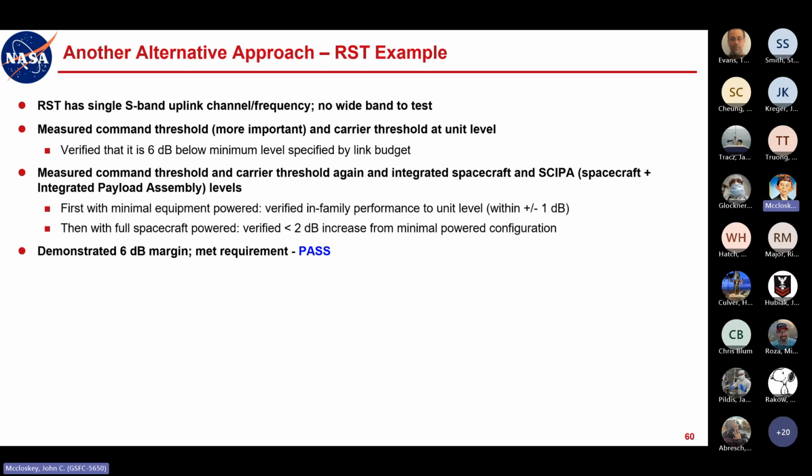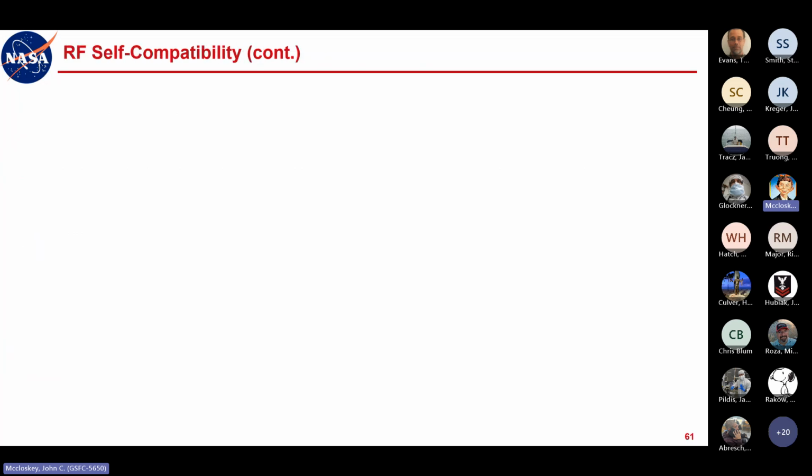So we demonstrated the 6 dB margin that way, just verifying in-family performance between the full spacecraft powered configuration and the minimal powered configuration. So it's a slightly different way of verifying it, but you get the same result. You demonstrate the 6 dB margin and everything is good.